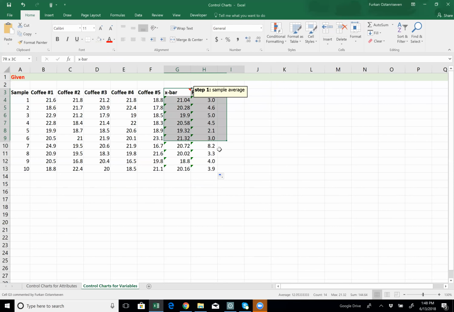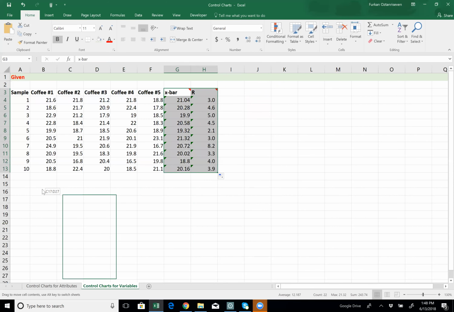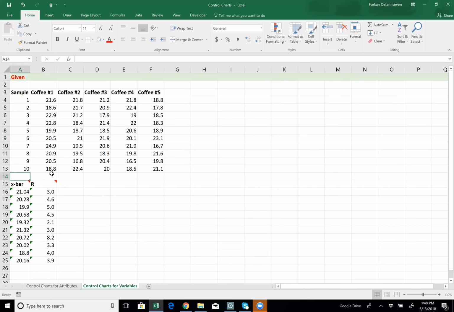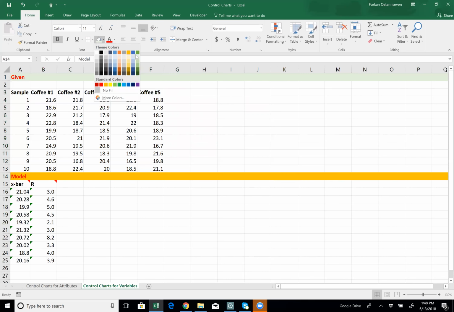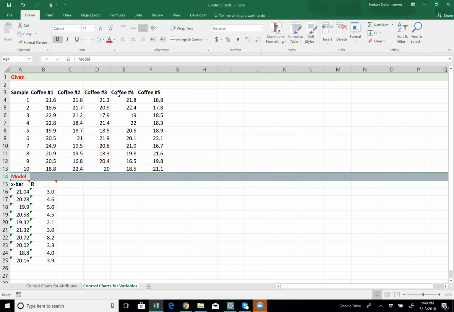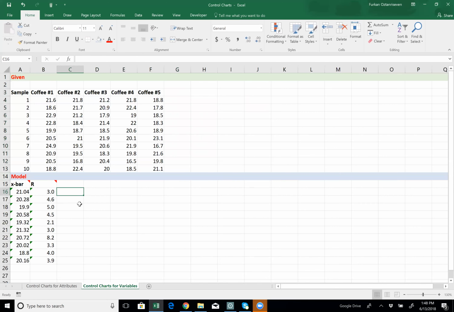Maybe I should carry this one down so that I can differentiate between my model and the data. So this is my model. I calculated my X bar and R values.